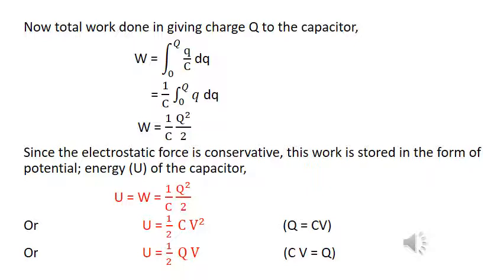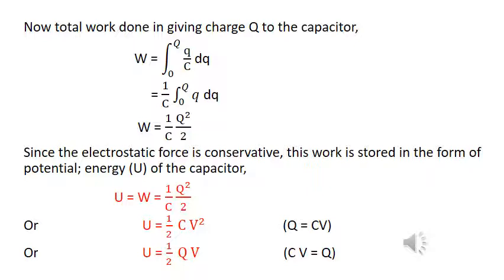Here 1 by C will be out of the integration because it is a constant value. So integration of q will occur, and by integrating q from the limits 0 to capital Q, we get the total work done W is equal to 1 by C into Q square by 2.